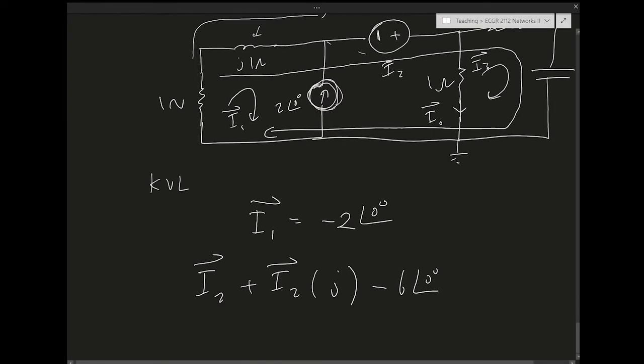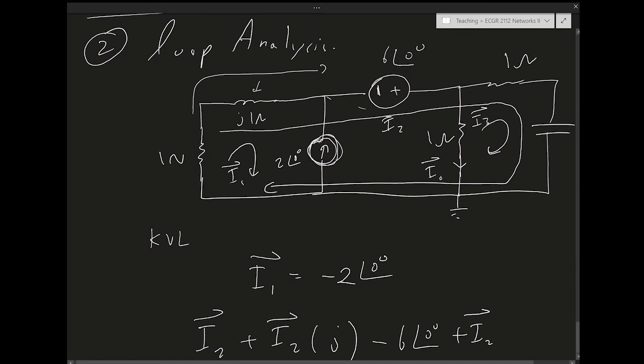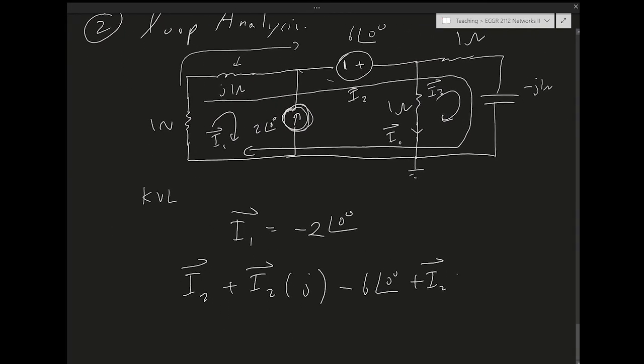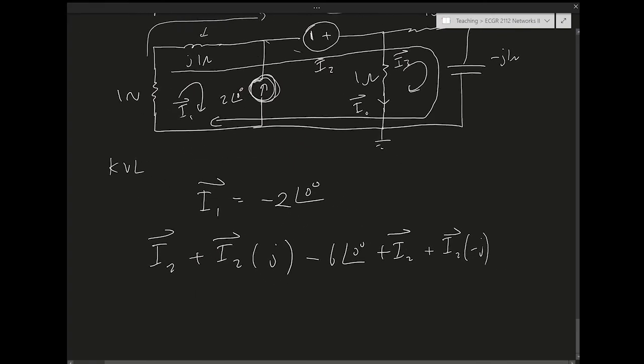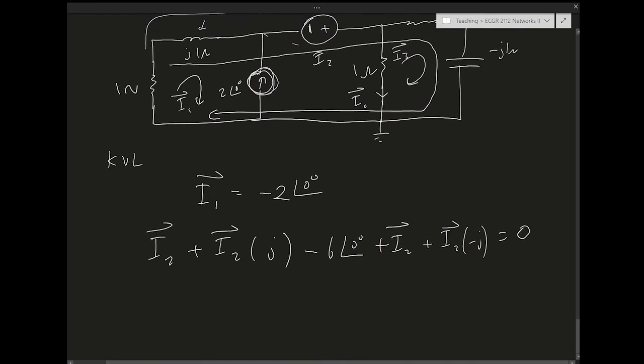And then I end up with another plus I2 for the 1 ohm, and then plus I2 times minus j, equals 0. So this is the second equation, and I just need to simplify this.